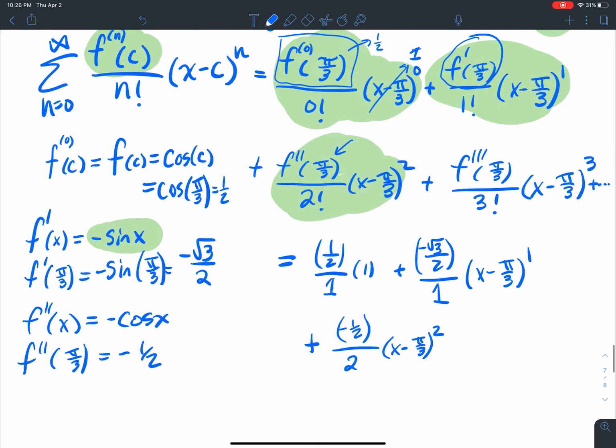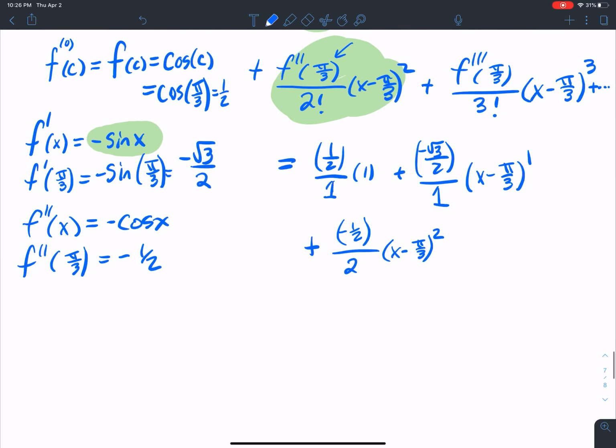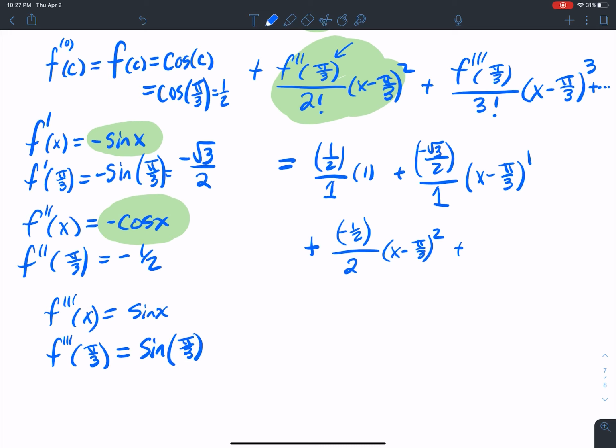So now we just have one more term to get. So f triple prime of x, the derivative of negative cosine is what? It's sine of x. So f triple prime of pi over 3 is equal to the sine of pi over 3, which is square root 3 over 2.